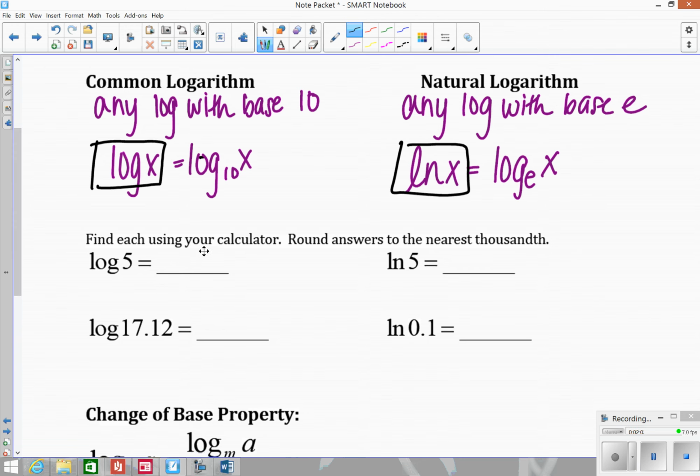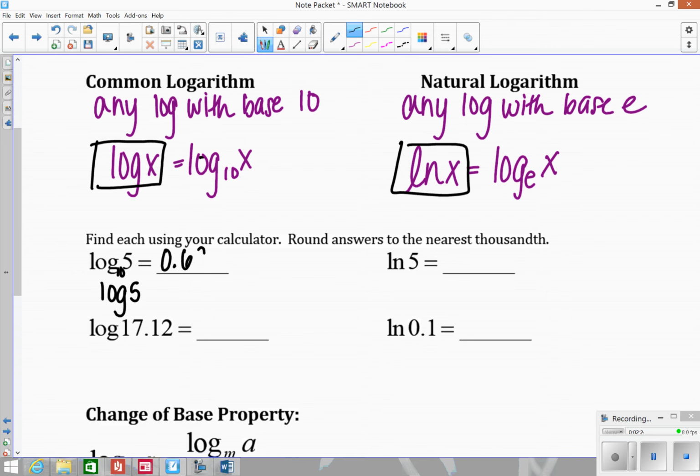In your scientific calculator, log of 5 really means log base 10 of 5. Your calculator will just have the log key. So you would just do log of 5, and we're going to round to the nearest thousandth, so 3 decimal places.